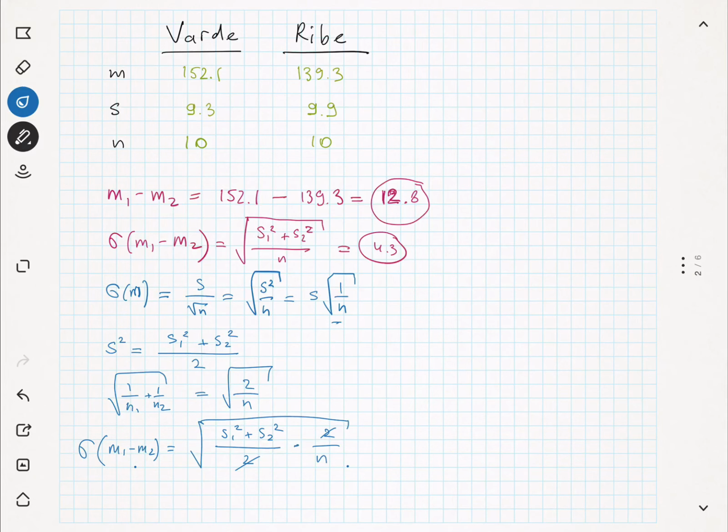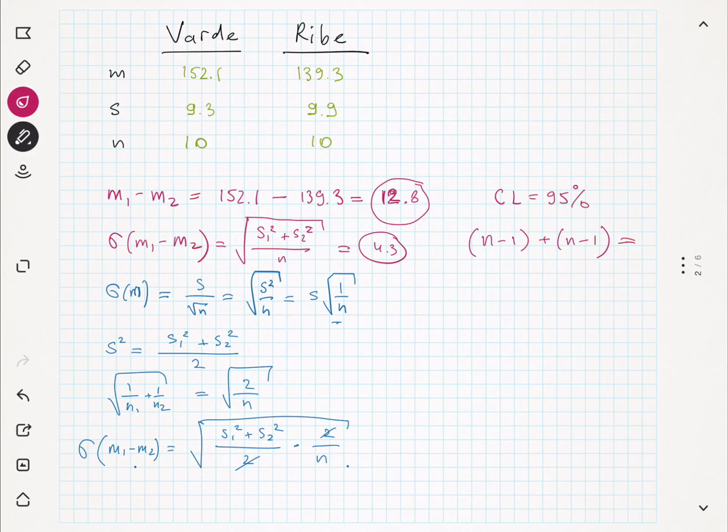Now we need to calculate t for getting the confidence interval, and let's start with 95% confidence. Well, we don't know how many degrees of freedom. Let's think. We have n minus 1 degrees of freedom in the first sample, plus n minus 1 degrees of freedom in the second sample.